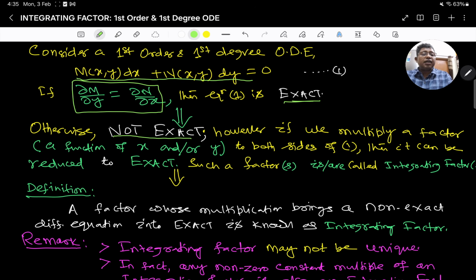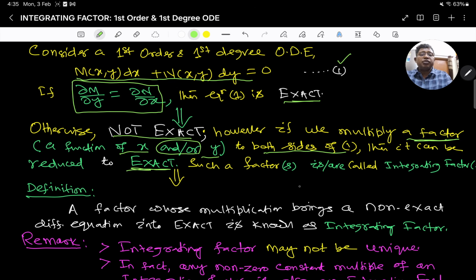Once it is not exact, there may exist a factor, right? That factor may be a function of x, a function of y, or both. If we multiply this factor to both sides of 1, then 1 can be converted to an exact differential equation.